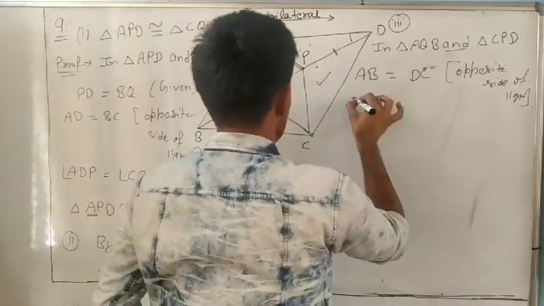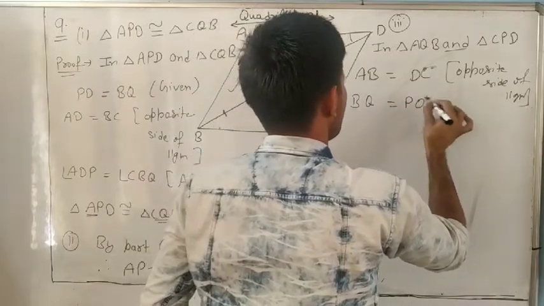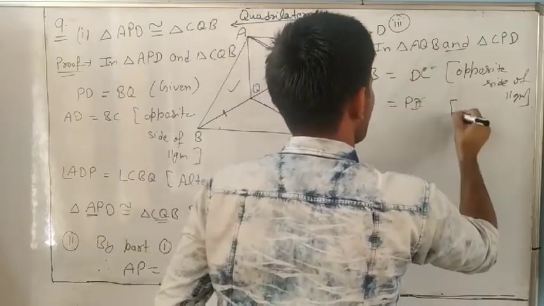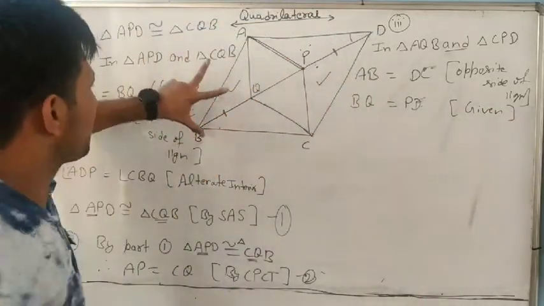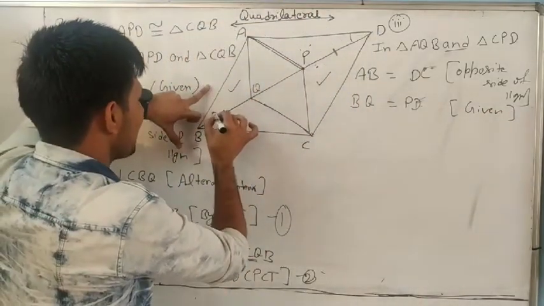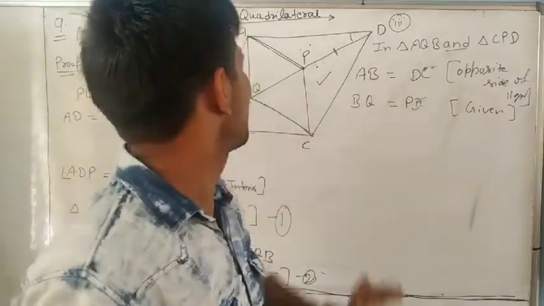You can write BQ equals PD. Why are they equal? It is given in the question. Now what remains? Either we will prove side angle side, or any one.